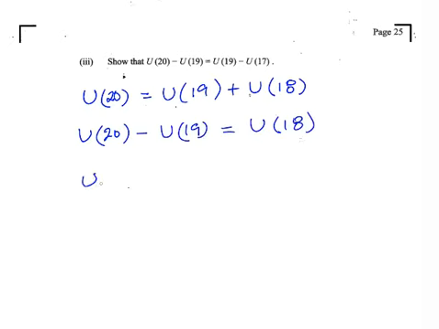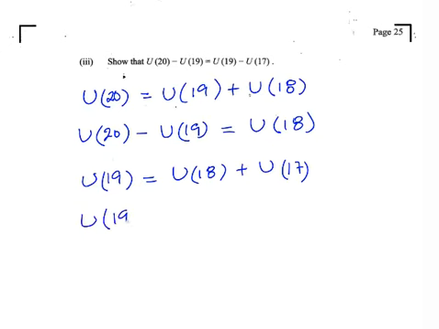u19 would be equal to u18 plus u17. So u19 minus u17 would be equal to u18.